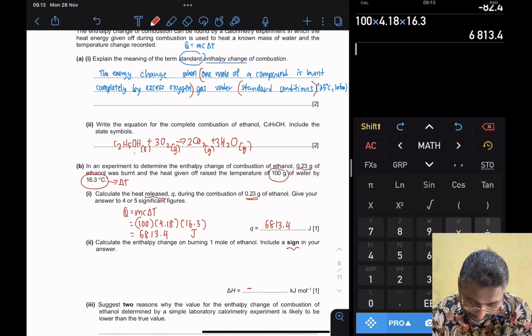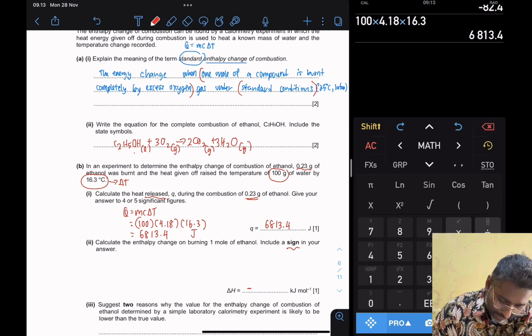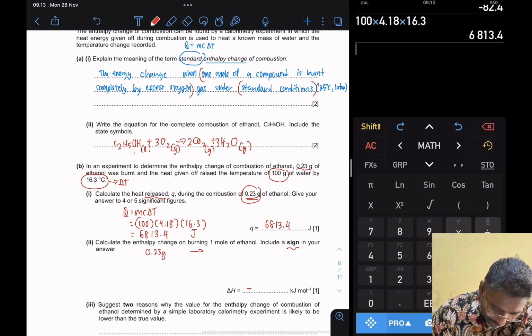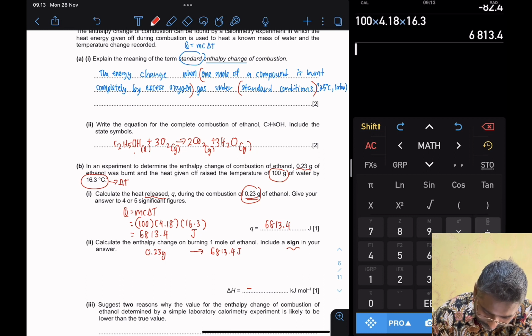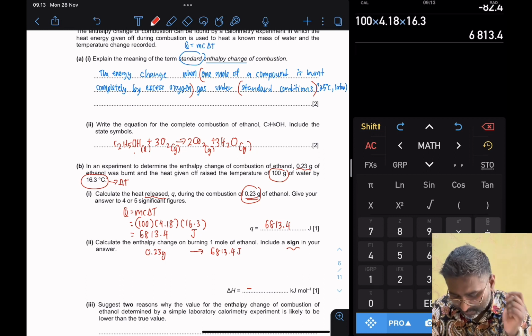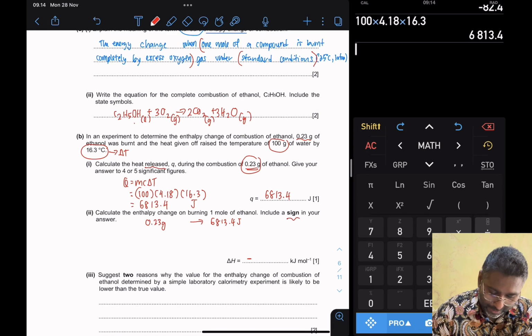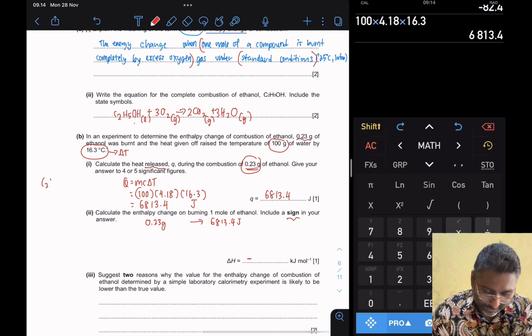Don't forget. So now we know that for this amount, 0.23 gram, you have 6813.4 joule. I need to find for 1 mole of ethanol. So first, find out how many moles this is.